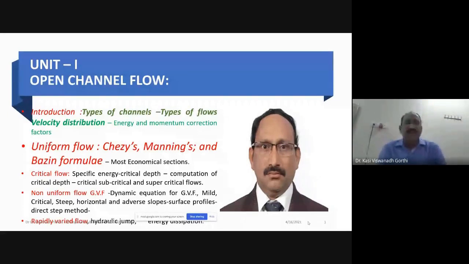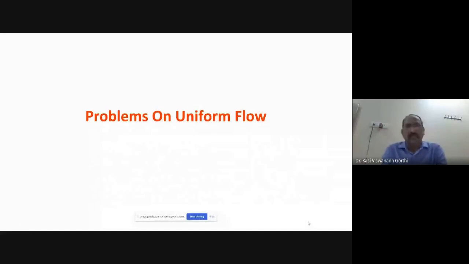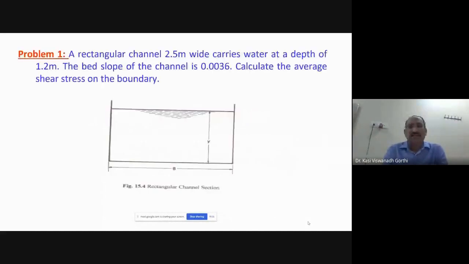So in today's class, we apply Chezy's formula and Manning's formula for analyzing the uniform flow, and we try to work out some numerical problems related to the uniform flow. So, problems on uniform flow. Let us see some of the problems.